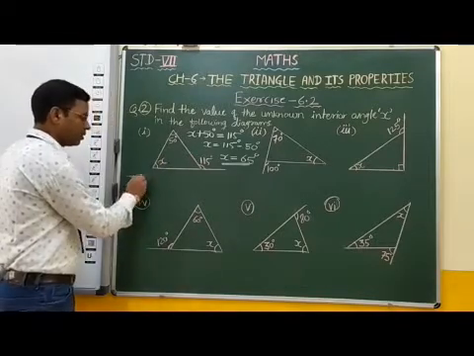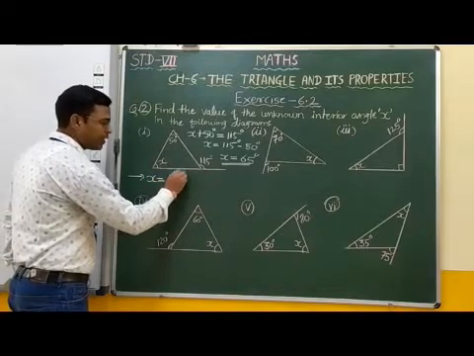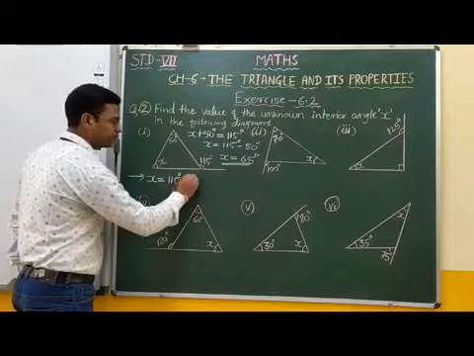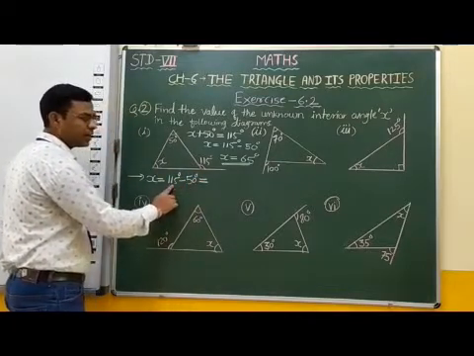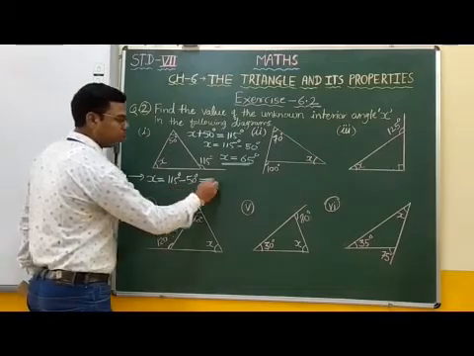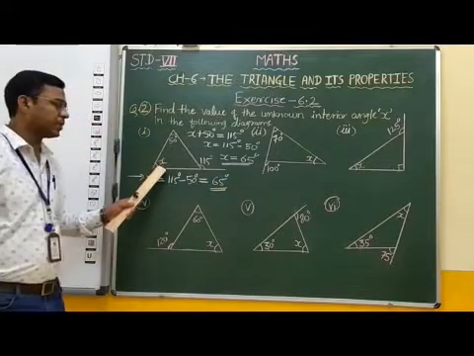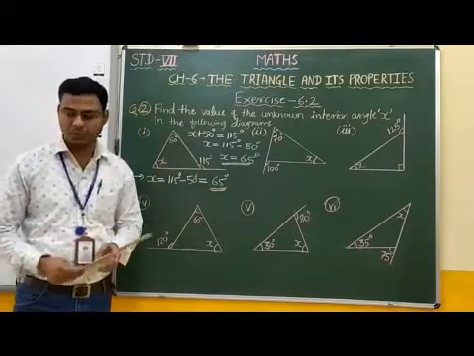Therefore, x is equal to the exterior angle, that is 115 degree, minus this 50 degree. Therefore, the answer of this question is 115 minus 50 is equal to 65. Therefore, the measure of angle x, or the value of x, is equal to 65.